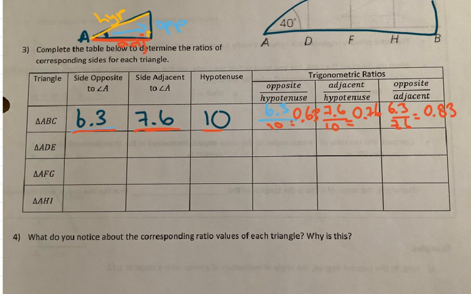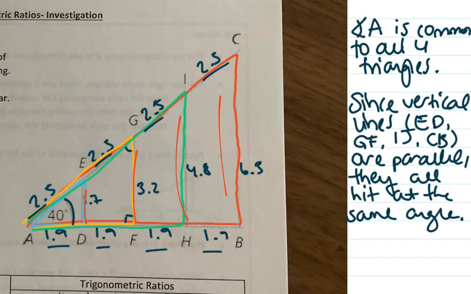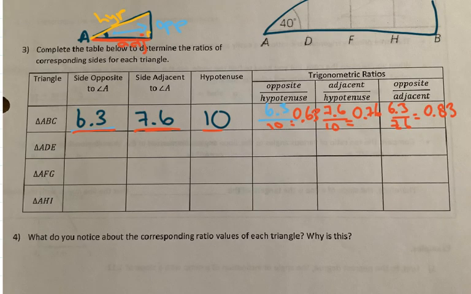Okay, next row. Triangle ADE, so that's this first little one here. The side opposite to A would be line ED, which was 1.7. The side adjacent to A, so that first little one there, was 1.9. And the hypotenuse of that triangle was 2.5.